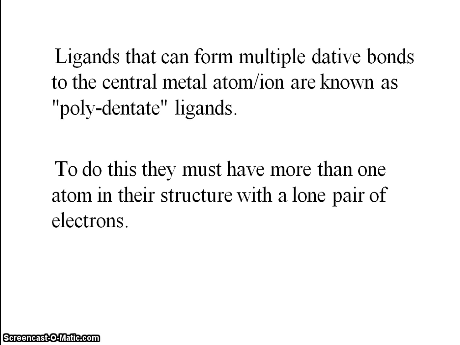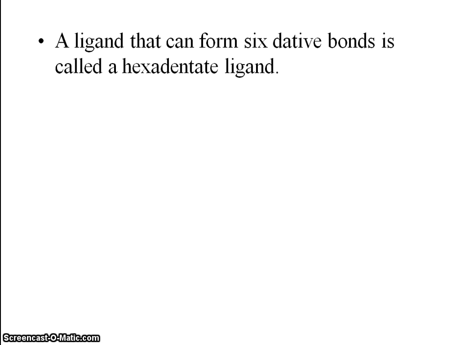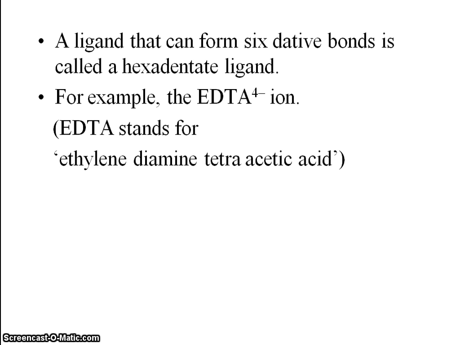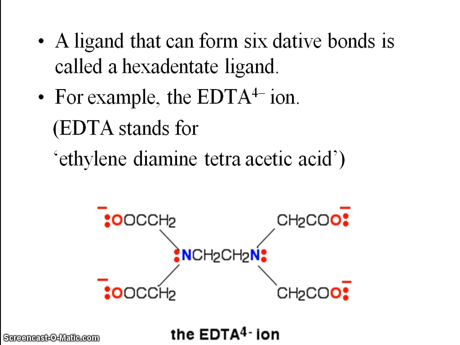Polydentate ligands can form many dative bonds, so one ligand can form many dative bonds so long as they've got more than one lone pair. So we can talk about a hexadentate ligand. An example of that is EDTA, which has a 4- charge. We don't need to worry what it stands for.